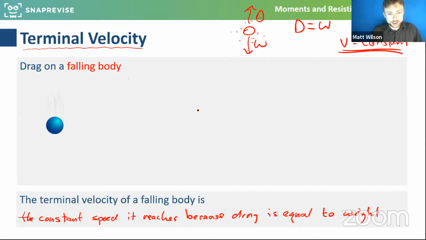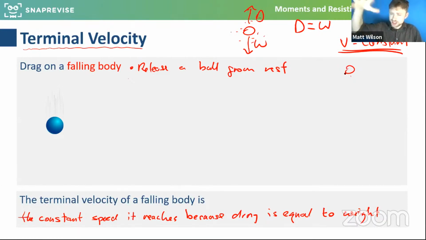So let's imagine I just release a ball from rest from a very big height. So at the start, there's a force acting on the ball. What force is acting on the ball? Well, just as I let go of it, it's just sat there in the air, and then its weight starts to accelerate it downwards.